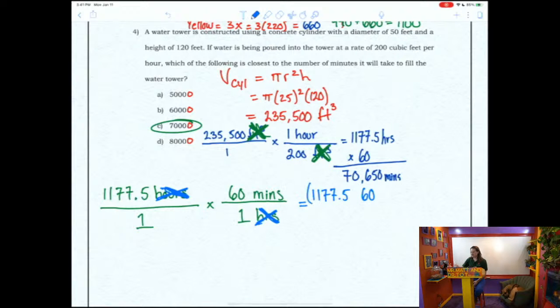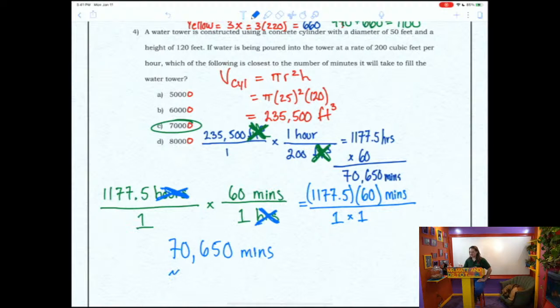And this is all in terms of minutes now, divided by technically 1 times 1, but that doesn't have any effect. 1,177.5 times 60 is going to be 70,650 minutes. And that is closest to the answer selection of 70,000 minutes. And that's answer selection C.